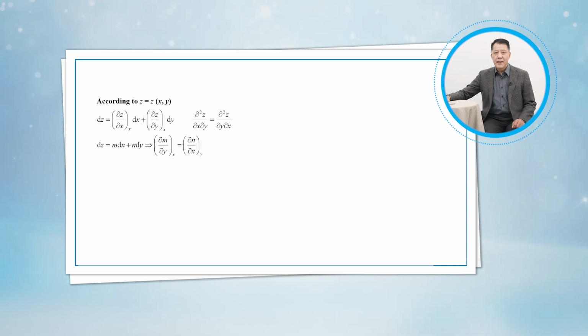Variables x and y are called natural variables, and m and n are called conjugate variables.